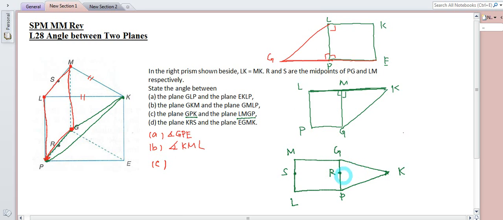Can you see a straight line which is perpendicular to the line of intersection GP? Here is the straight line, right? 90 degrees, 90 degrees. So the angle that we are looking for is KRS.